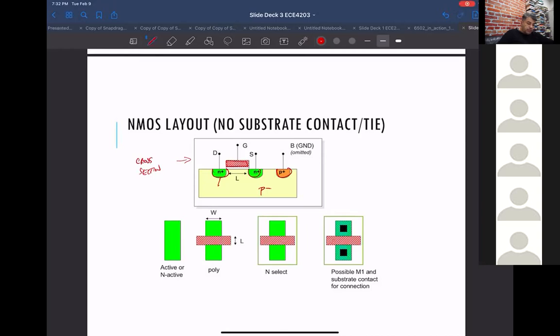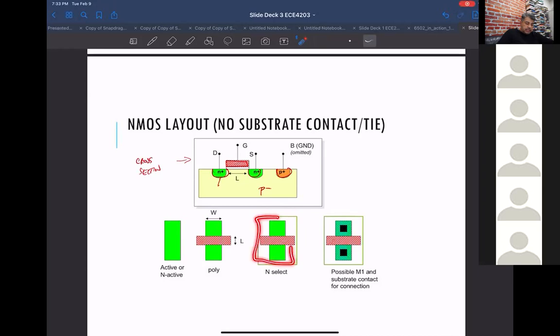If you were going to look at this from the top down, these are the different layers you would need to define it. First, you would need an active layer, which would sit here. On top of that active layer, you would put the poly. Where there is no poly, here and here, you would get the N plus source and drain, because you draw an N select layer on top.